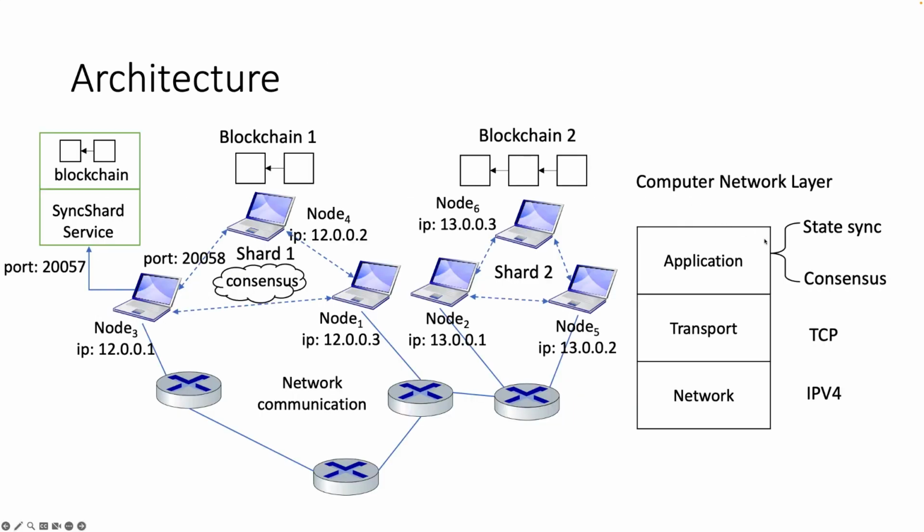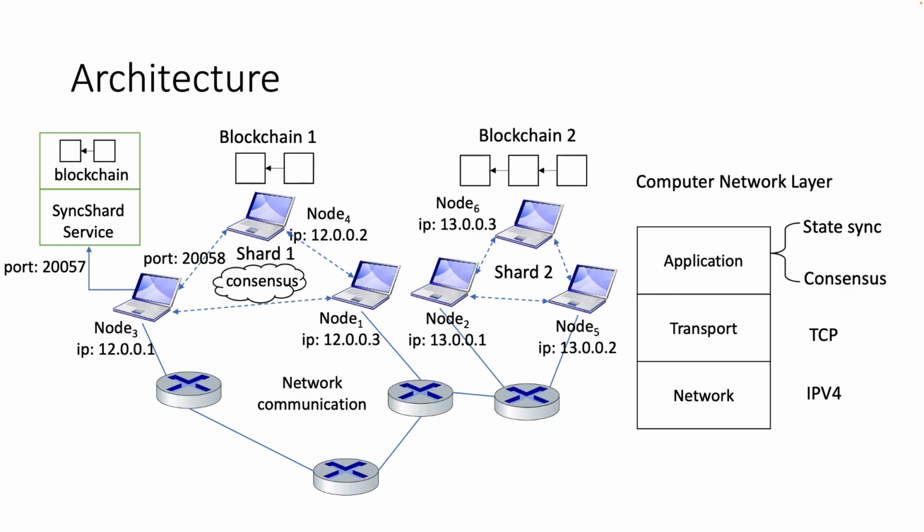So here is the architecture of our project, and this architecture consists of 3 layers of the computer network: the application layer, the transport layer, and the network layer.